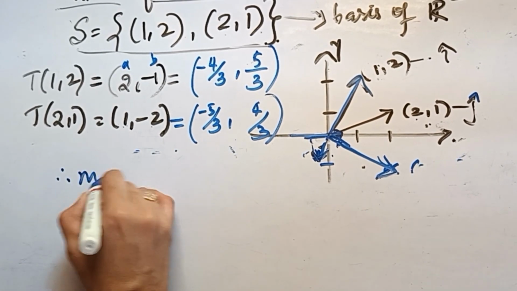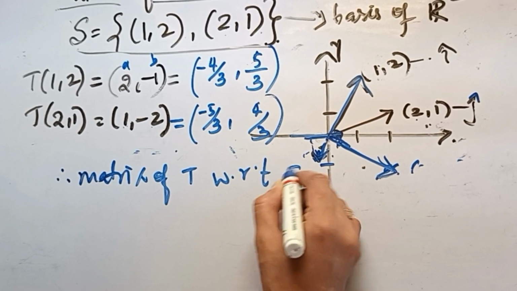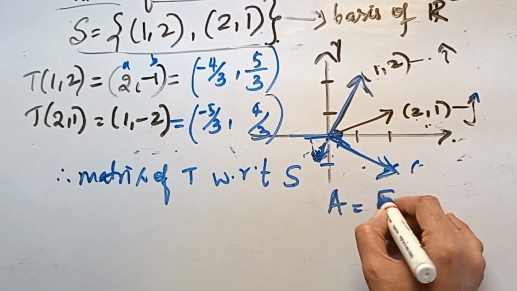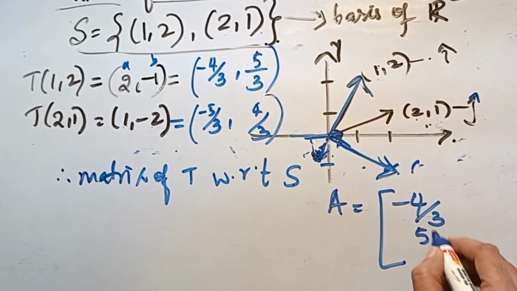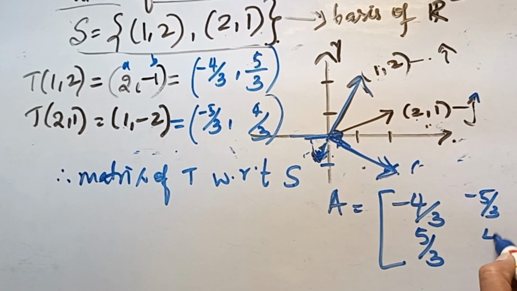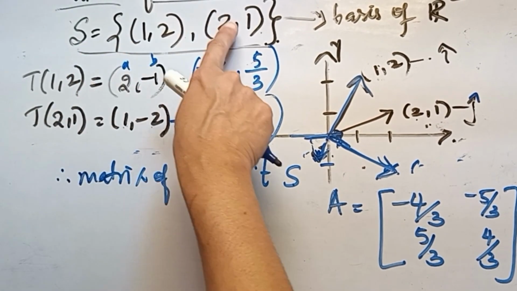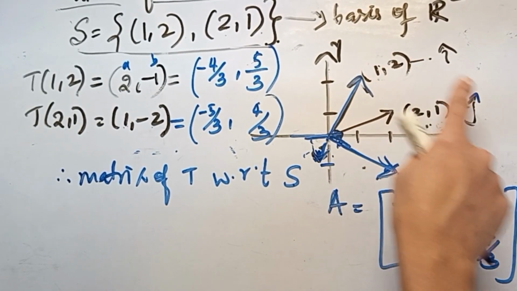Therefore, the matrix of T with respect to the basis S is given as A equal to, you have to write now these vectors minus 4 by 3, 5 by 3 in terms of columns, and minus 5 by 3 and 4 by 3. Okay. 1 comma 2 and 2 comma 1 now act as the basis, that act as i cap and j cap.